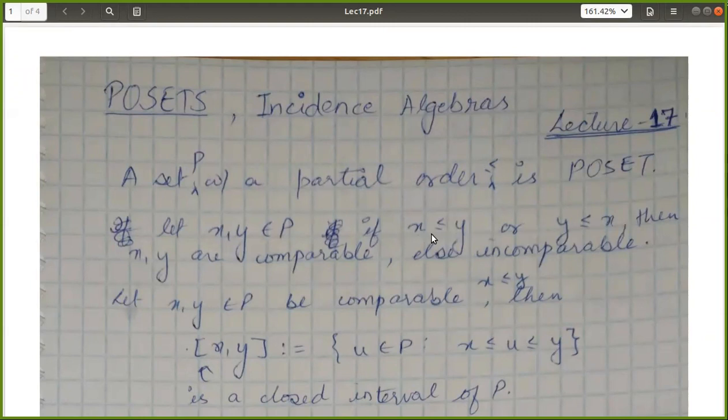And whenever for two elements there is a relation, you say that the two elements are comparable. If there is no relation between them, you say that they are incomparable. Just to keep things simple, we'll interchangeably use all these symbols, so x less than equal to y would also be rewritten as y greater than equal to x, even though this is actually a binary operation which takes two elements and yields a Boolean output.